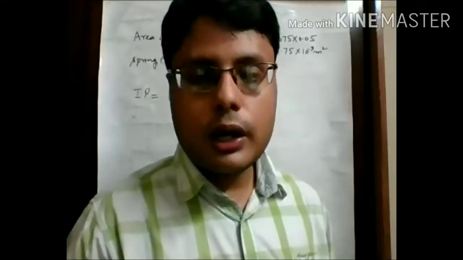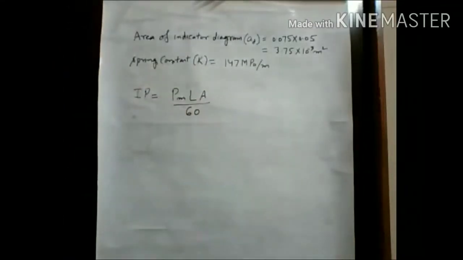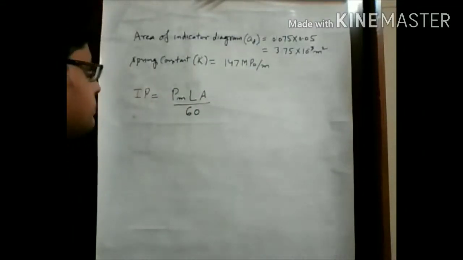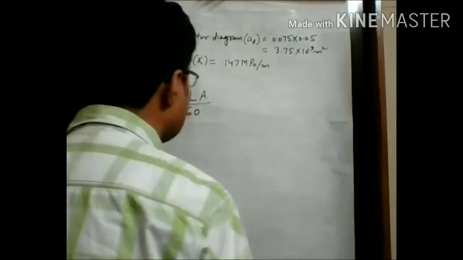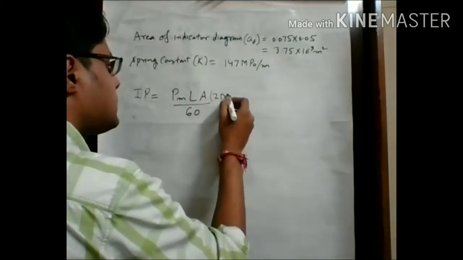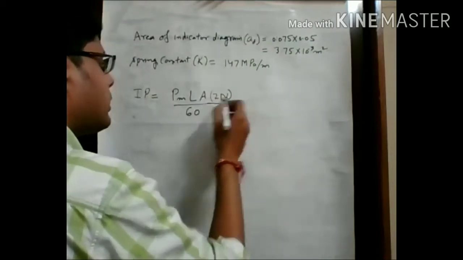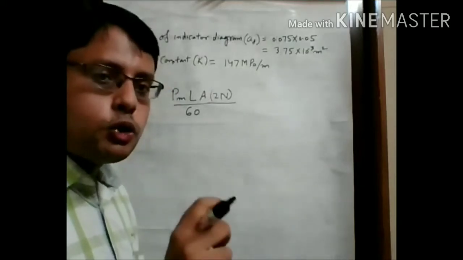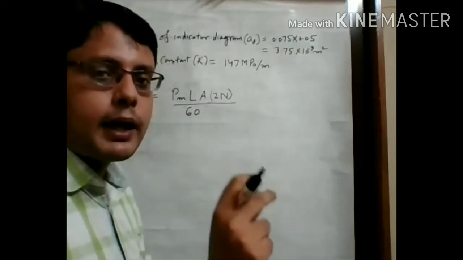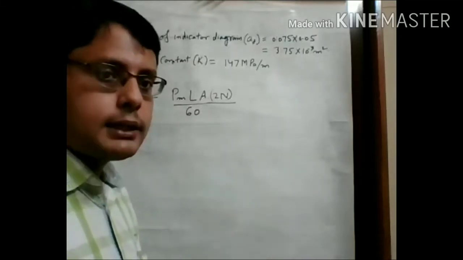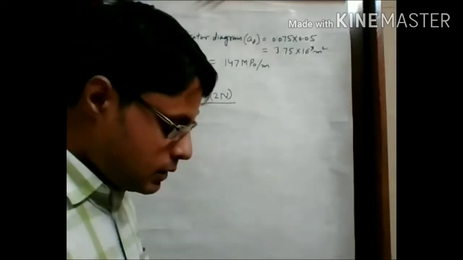Okay. So again we move towards our problem. Since here it is a double acting reciprocating pump, that's why we multiply this term by 2N. If it is a single acting pump, then you simply use this expression PM multiplied by L multiplied by A multiplied by N by 60 as given inside the slide.